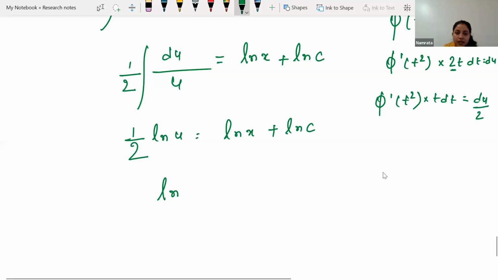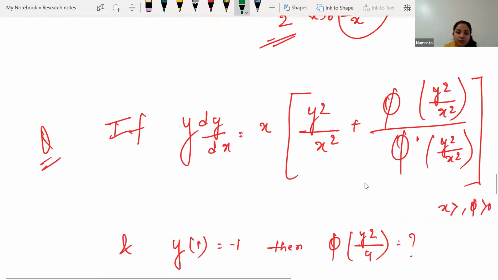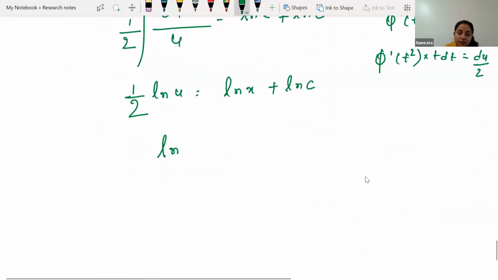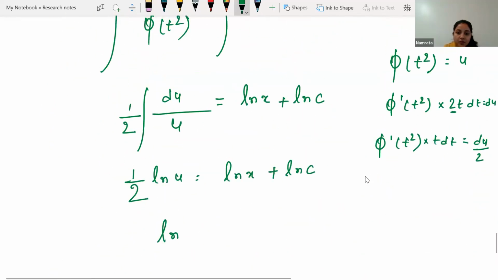Instead of only 1 by 2 ln c, let me check whether it will work or not. What we have to find here is phi of y square by 4. If we take here also 1 by 2 as a constant, we can pick anything, right? So if we pick it like this, we will have ln u is equal to 2 ln x plus ln c.